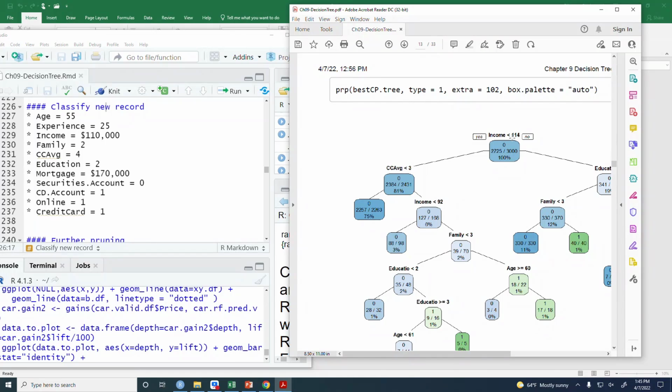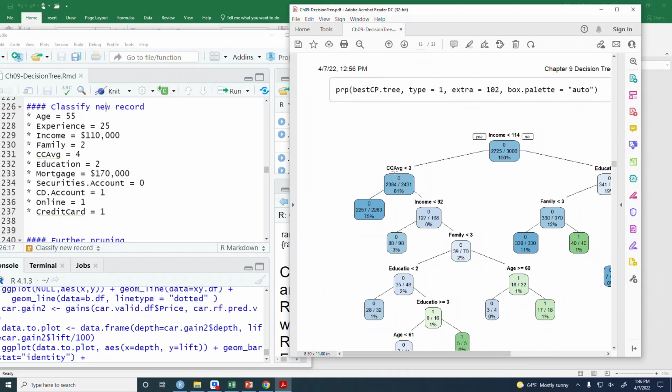Income less than 114 goes to the left side, greater than or equal to 114 goes to the right side. You need to pay attention to where the equal sign is. This is strict inequality going to the left side. Greater than or equal to 114 will go to the right side. Now the new case income is 110. So 110 being less than 114, you take the left branch.